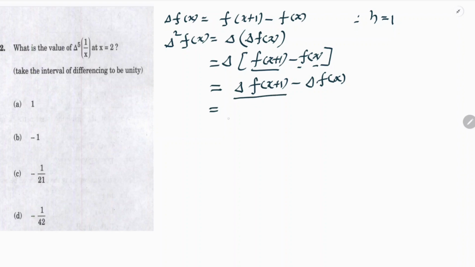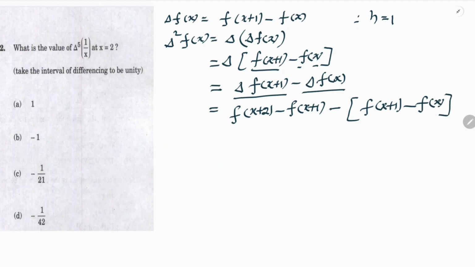So from here we will get f(x+2) minus f(x+1). Then from here we will get f(x+1) minus f(x).